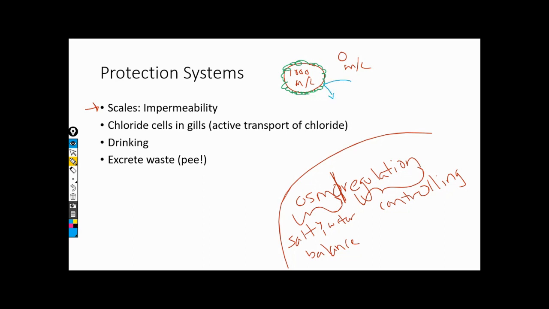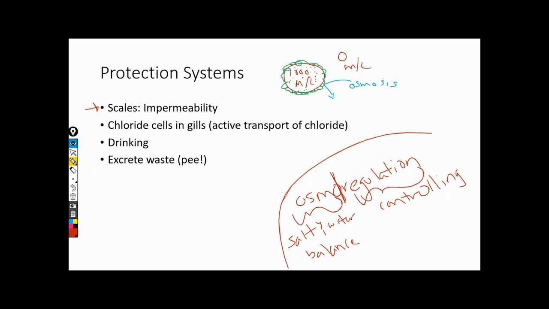The scales are going to help prevent that random influx of osmosis, and it'll help prevent this. Here are all my solutes, a high concentration of solutes inside my body, naturally wanting to go towards equilibrium, equal amounts of salts on both sides. That's our rules of diffusion.